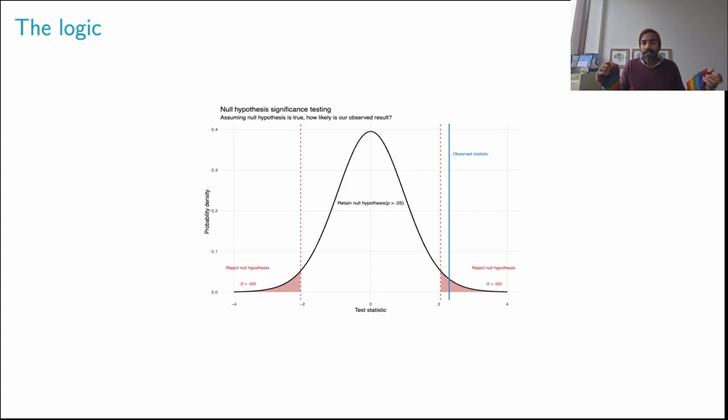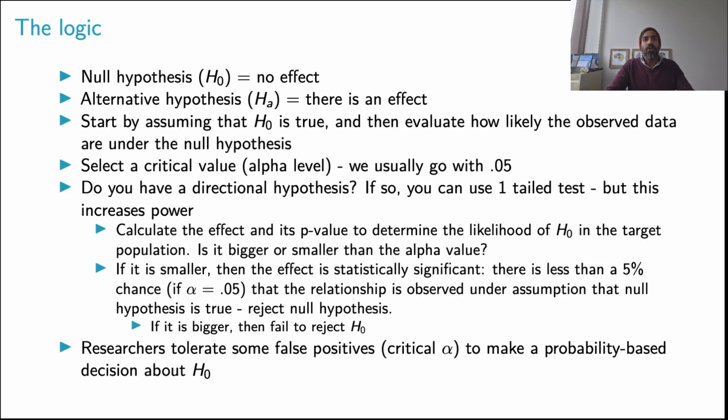If our test statistic falls somewhere in those boundaries, we say the probability of us obtaining this sort of effect or this data under the null hypothesis is so unlikely that we reject the null hypothesis. So we select a critical alpha value, which usually goes with 0.05.